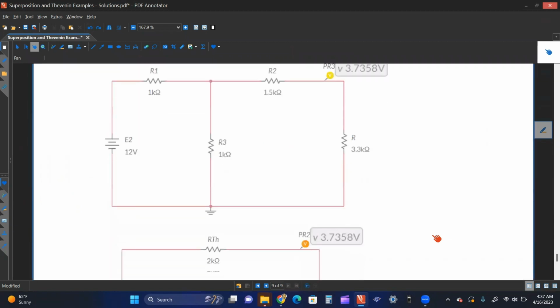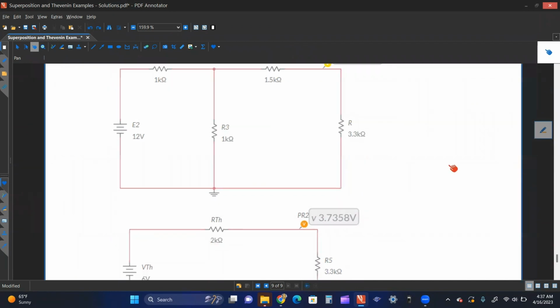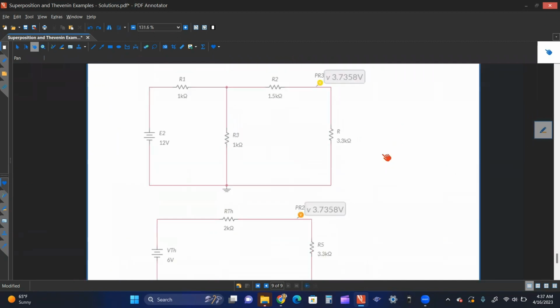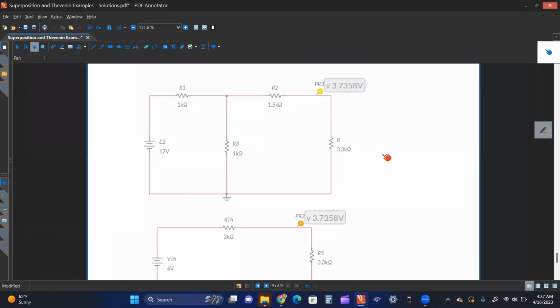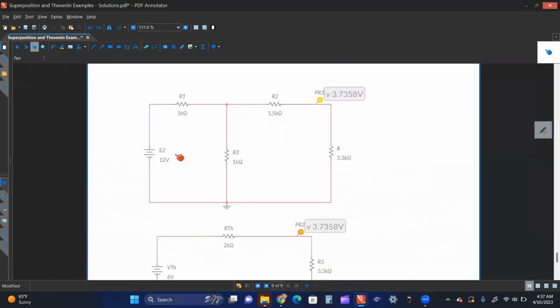And just to look at this a little deeper, I redid the whole circuit in Multisim. So this is your original circuit that we started out with, and if we measure the voltage across our load resistance, we get 3.73 or 3.74.